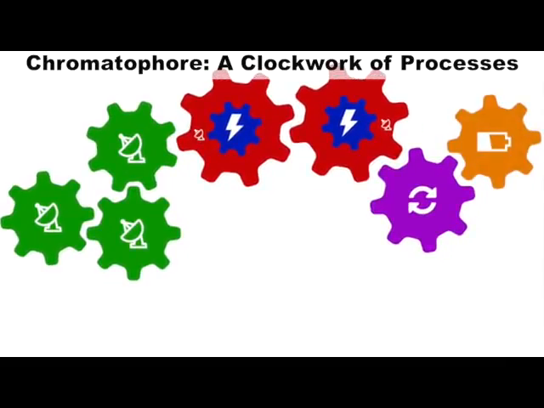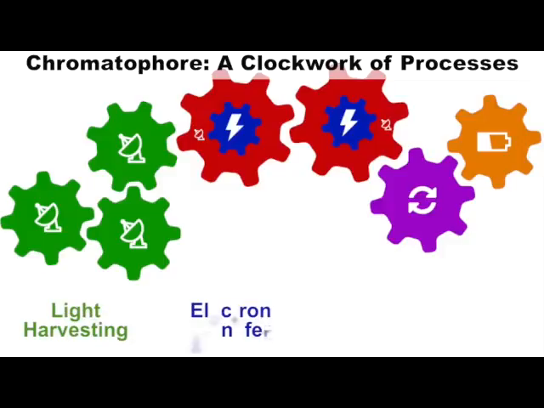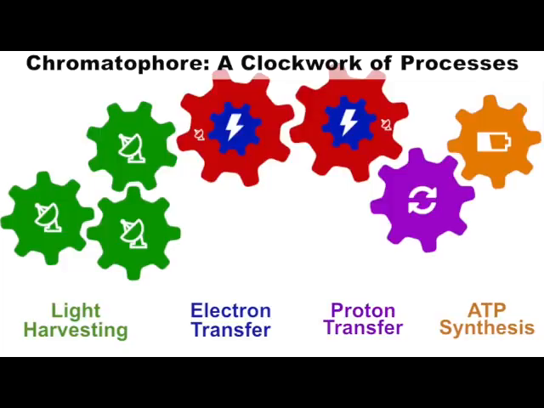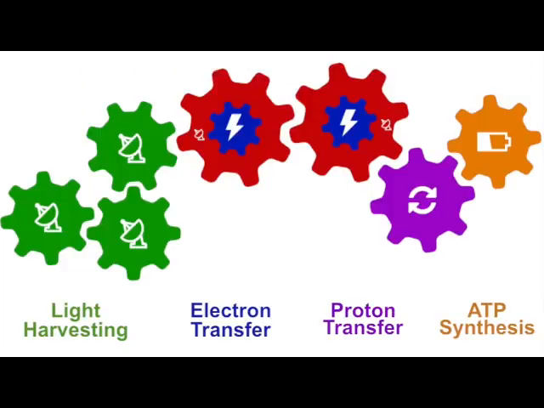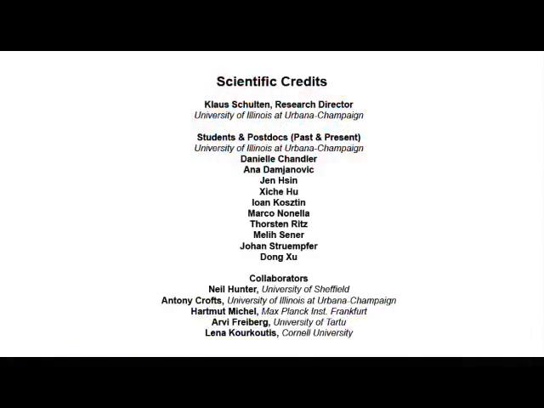Of course, there are more processes, they're simplified: light harvesting, electron transfer, proton transfer, and ATP synthesis. And so the point is, we want to now go towards seeing the linkage as a theme of investigation, and not just the individual process. And there's a lot of fun and new things that you can learn.